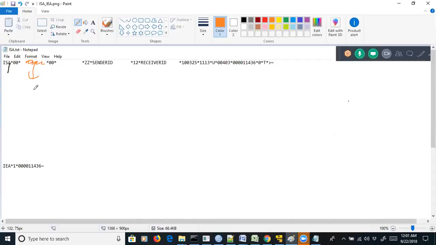So if you write some information, then to know what kind of information it is, I will check the first field. So the second field is the authorization information, and the first field provides information about what kind of authorization information it contains. If you see in this example, most of the time in EDI files, you will see 00.